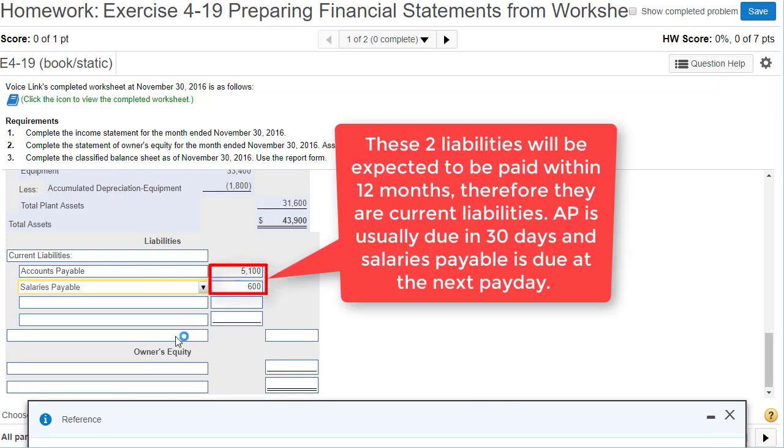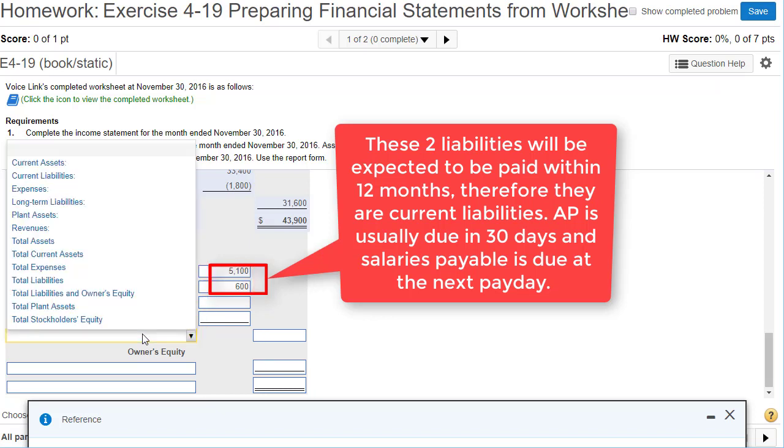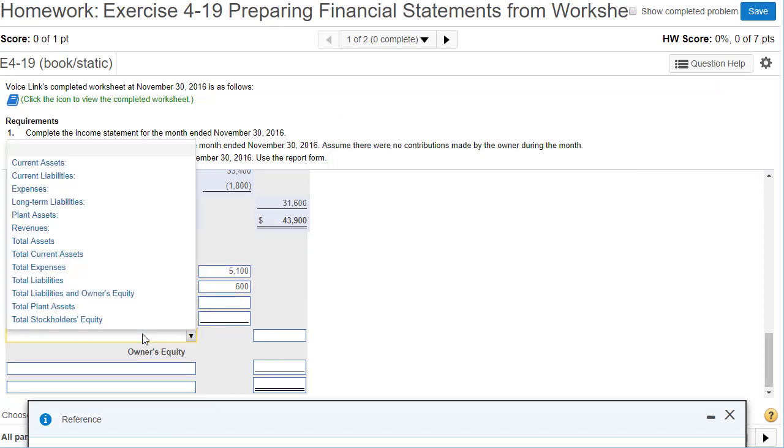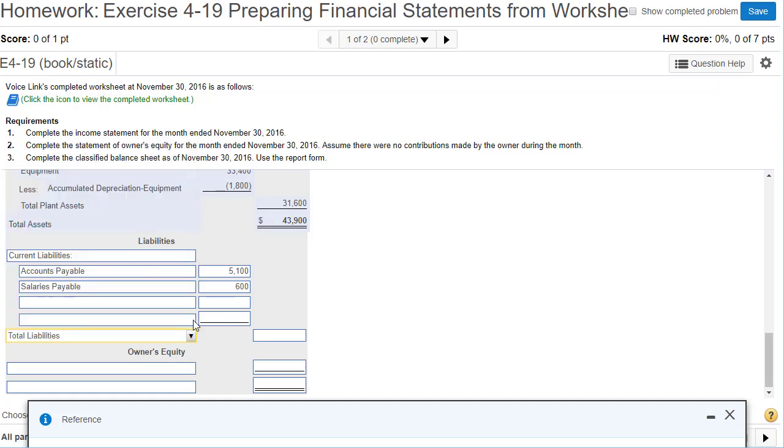They don't have any long-term liabilities, so we're not going to have a section called long-term liabilities. So this is going to be considered total liabilities. Our total liabilities is 5,100 plus 600, which gives us $5,700 of current liabilities.